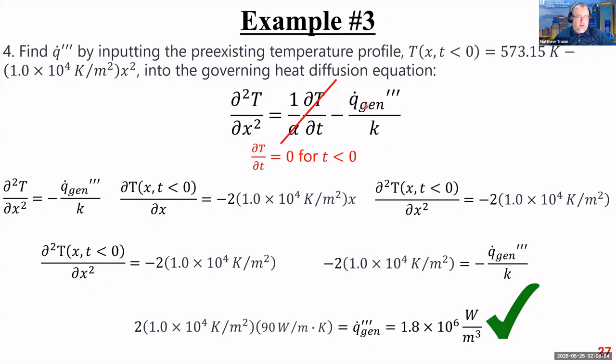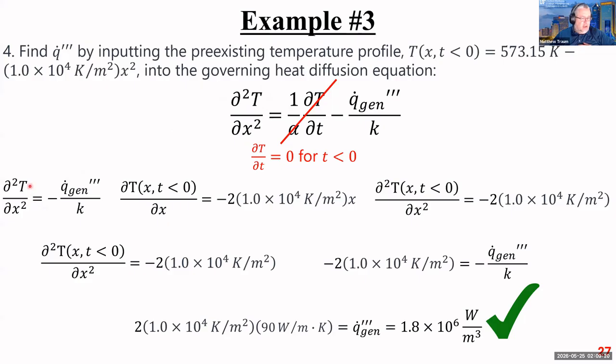So I'm going to rewrite my diffusion equation for time in the past, time less than 0. And because it was in steady state all the way up until when I shut off the Q gen term, at least for this part of the problem, the time dependent term is 0. Okay, so that leaves me with, hey, Poisson's equation.